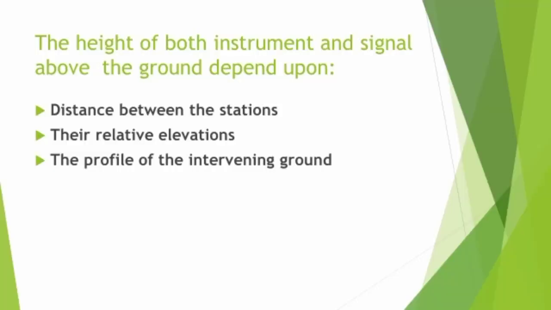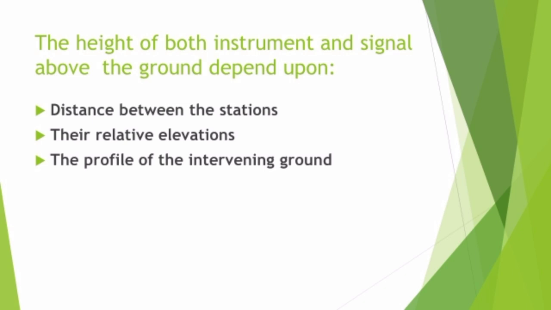So to sum up, the height of both instrument and signal above the ground depends on the distance between the stations, that is the distance between A and B, as in the previous example. Second one, their relative elevations, the height, we said about 200 meter and 50 meter, that will entirely depend on the intervisibility. And the last one, the profile of intervening ground.